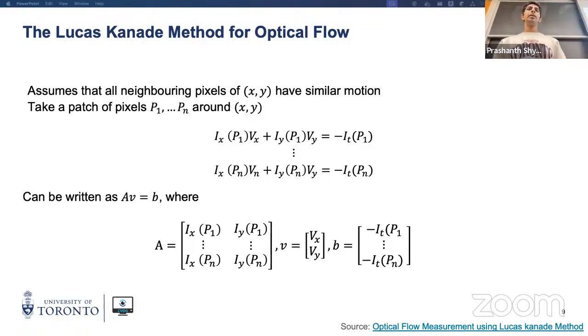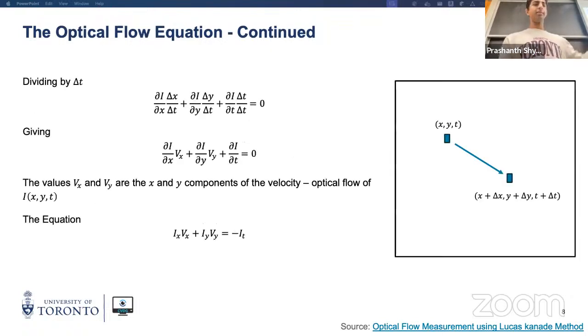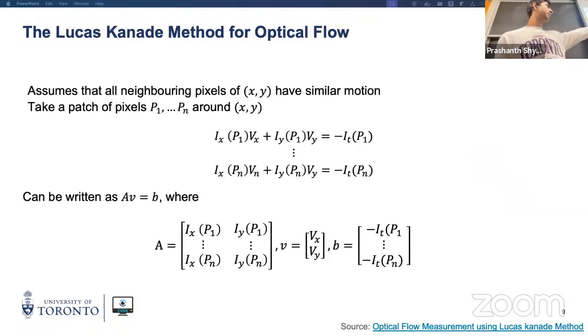So the author assumes that all the pixels in a given neighborhood have the same apparent motion. So we can apply the same formula from the previous slide, the bottom one, and say that all those pixels have the same xy velocities, and then give them in a matrix equation. So AV equals B, and we want to solve for V, right?